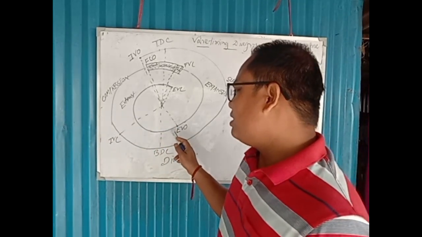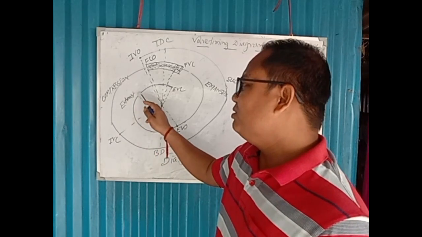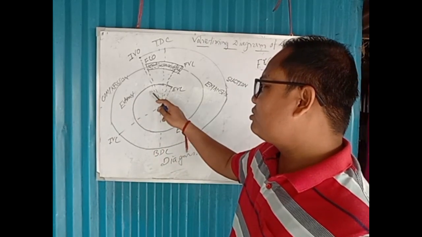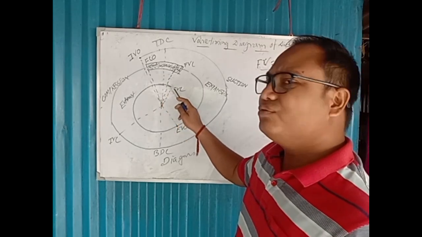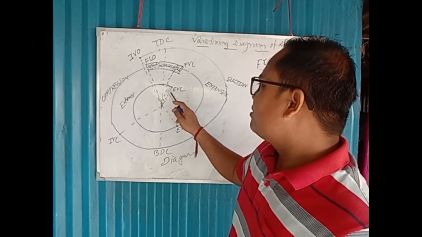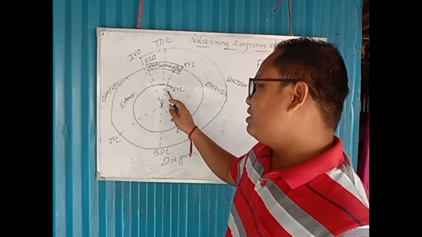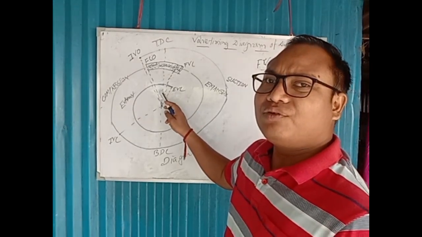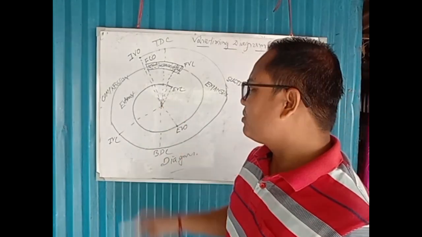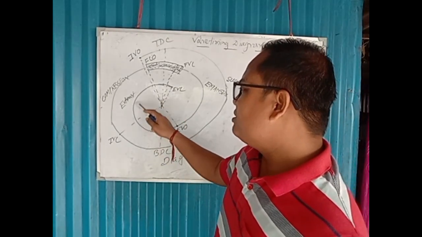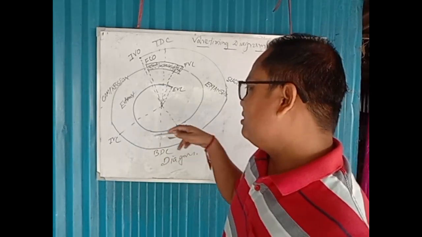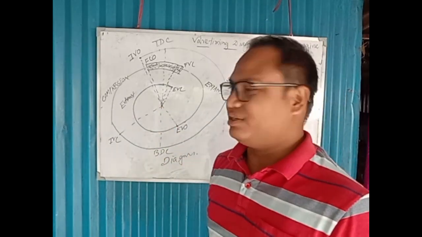This process is also known as the exhaust stroke. This exhaust stroke operates up to about 20 degrees after TDC. This is how the whole cycle operates.